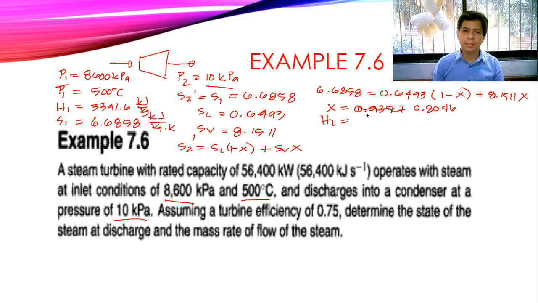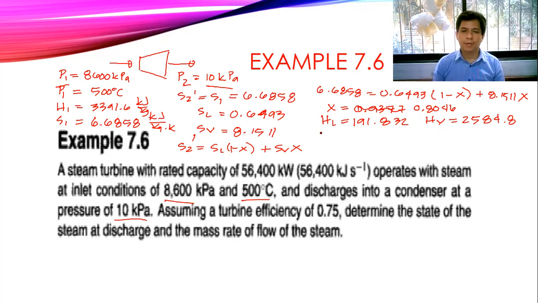So HL is 191.832. And then HB is 2584.8. Puro SI naman to, ang unit yan, puro kilojoules per kilogram.